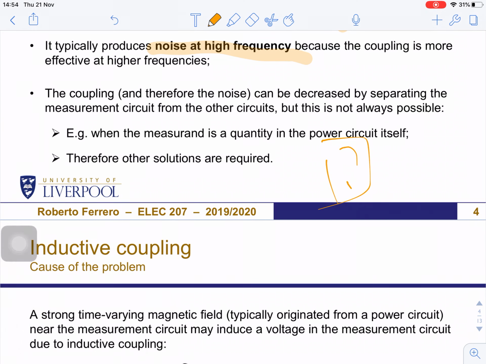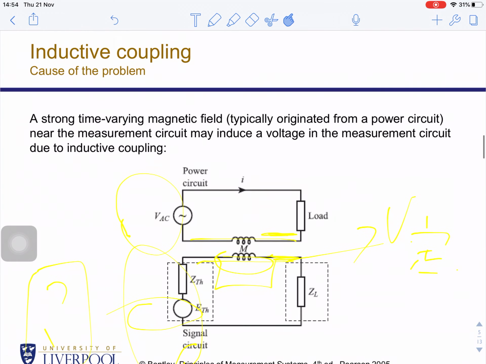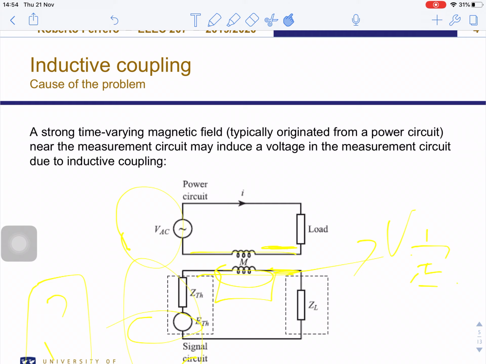For example, we are going to talk about inductive coupling, which is the cause of the problem. A time-varying magnetic field originating in the power circuit and near the measurement circuit may induce a voltage in the measurement circuit due to the inductive coupling.